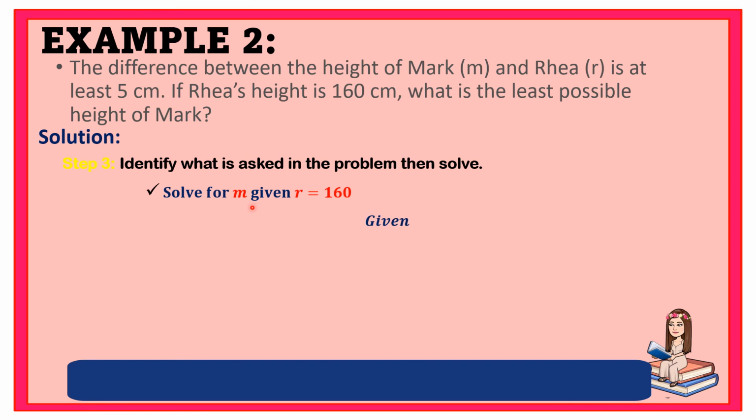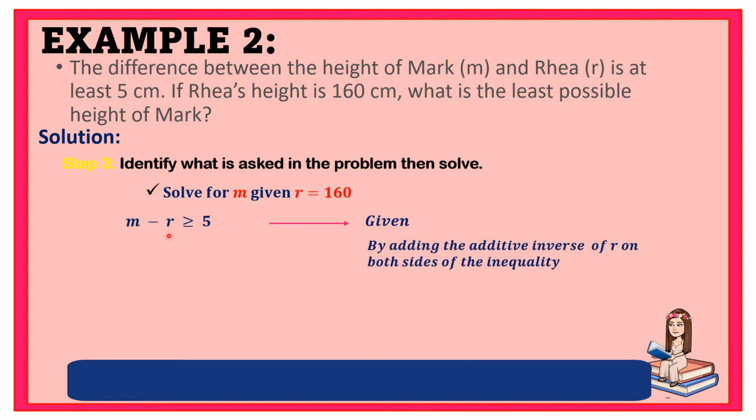So, let's proceed. Ang given equation natin is M minus R is greater than or equal to 5. Then, kailangan nating maalis yung R. So, we need to add the inverse of R. So, with that, mag-add tayo ng positive R kasi negative yun. So, makakancel na po ito.